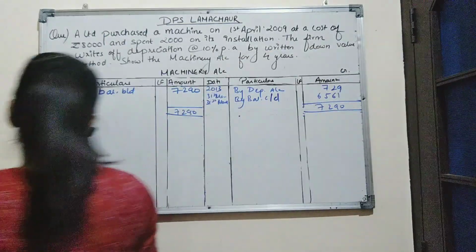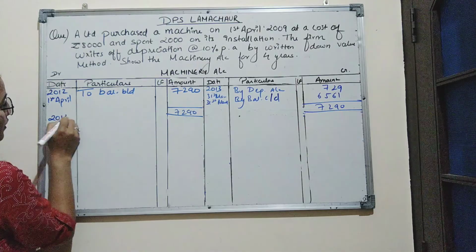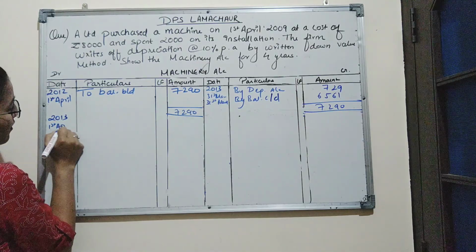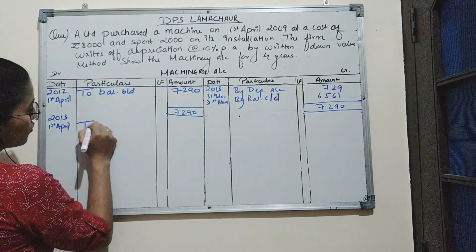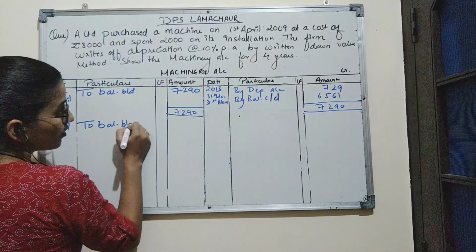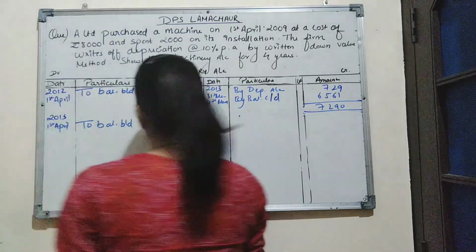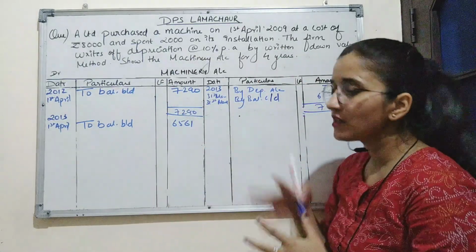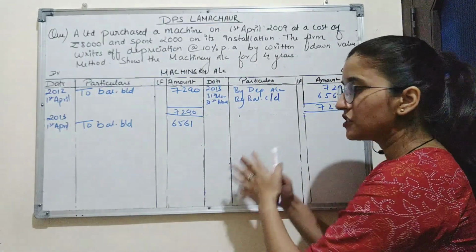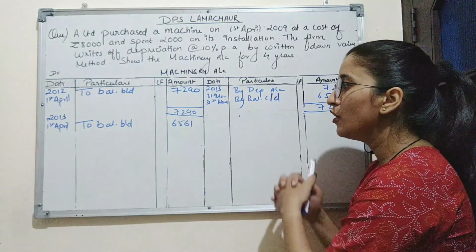The next year is 2013 only, 1st April, to balance brought down, and the amount is 6,561. So this is the scrap value of the asset after charging the depreciation for 4 years.